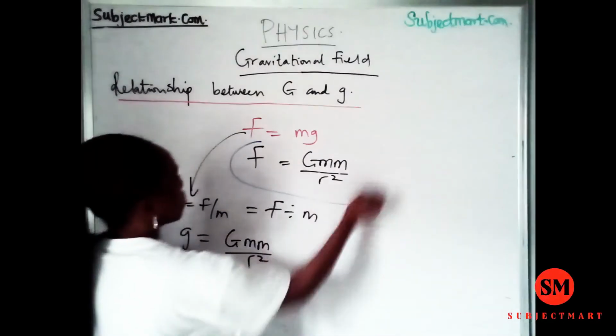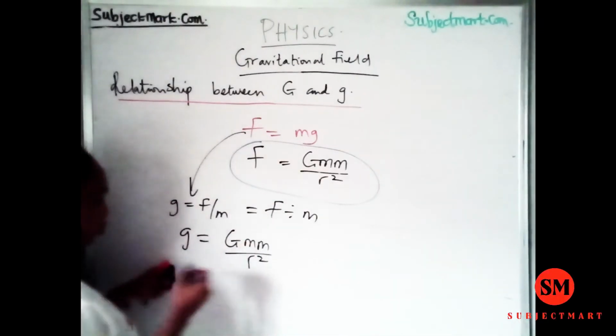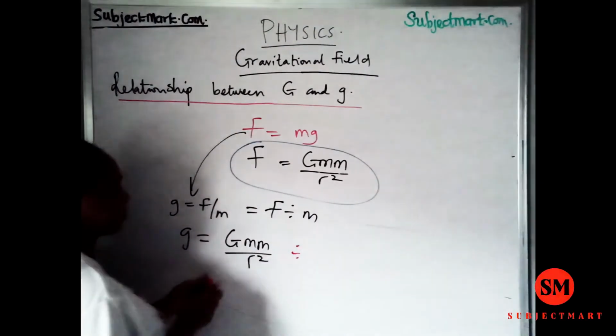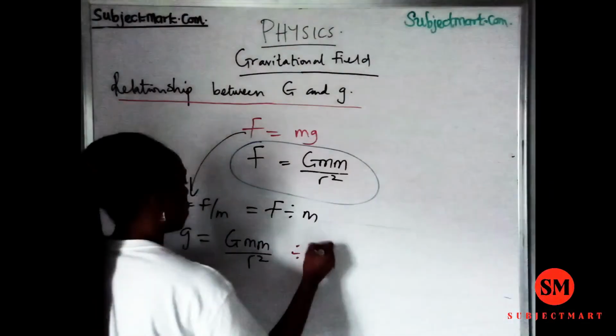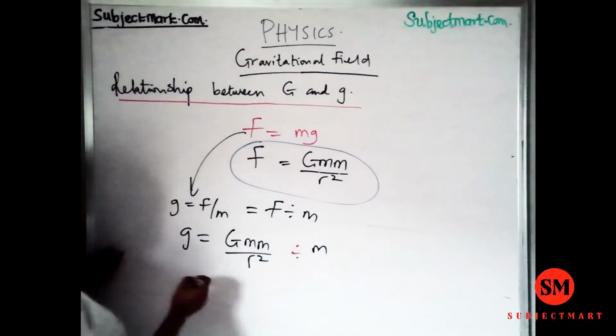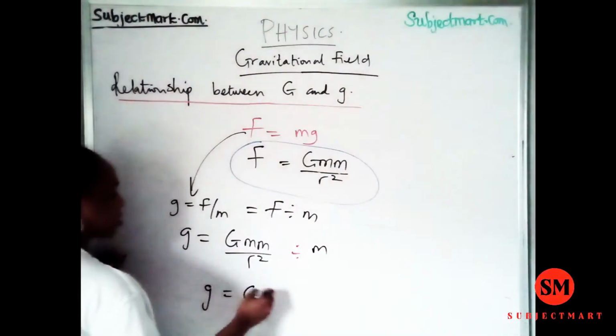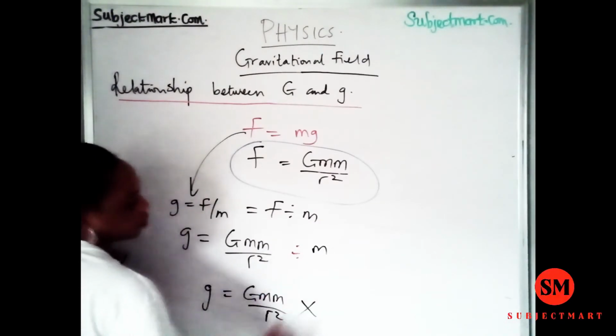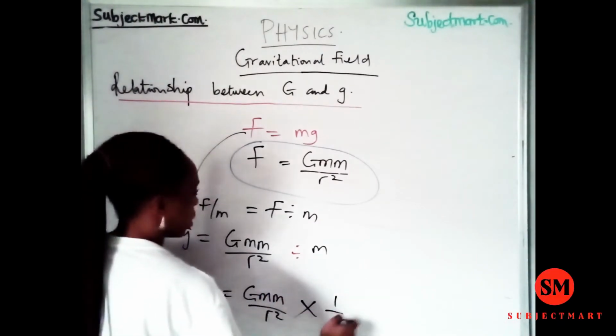The whole of this is my F. So I'm just going to put it there, divided by my m. Divided by m, we know your mathematics. I'm just going to rewrite this as Mm over r squared. By the time I change this division sign, it becomes 1 over m.